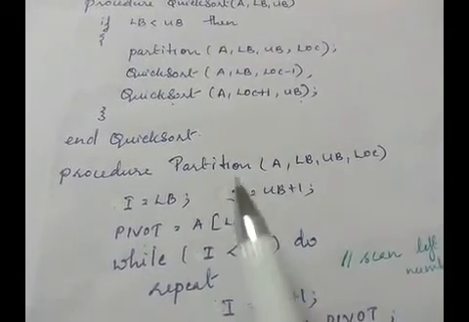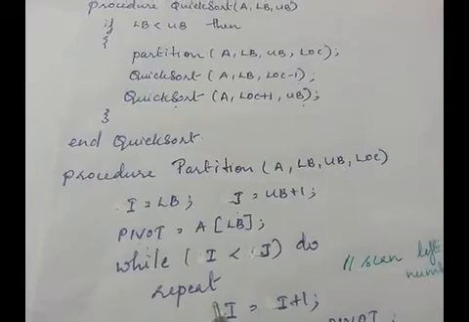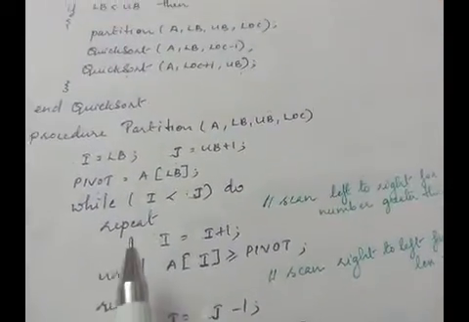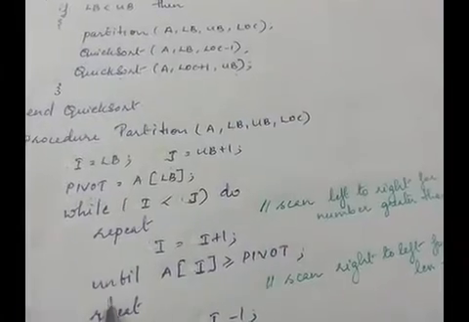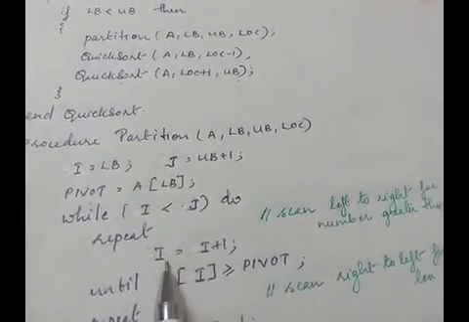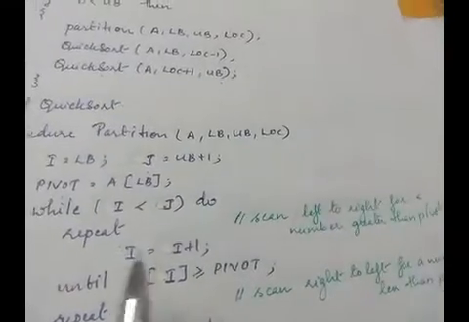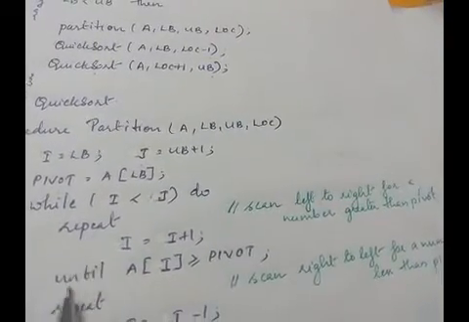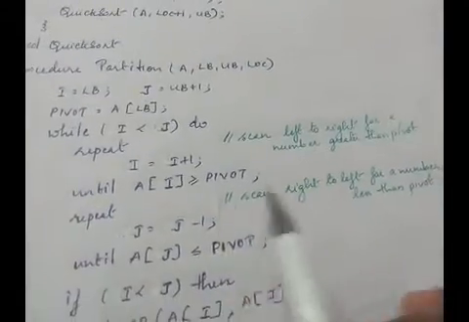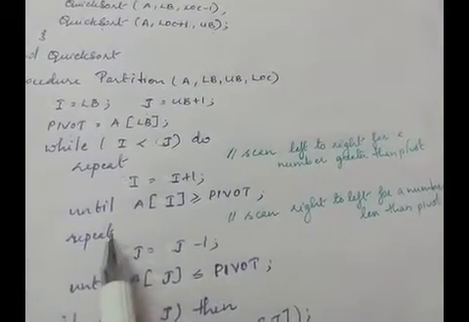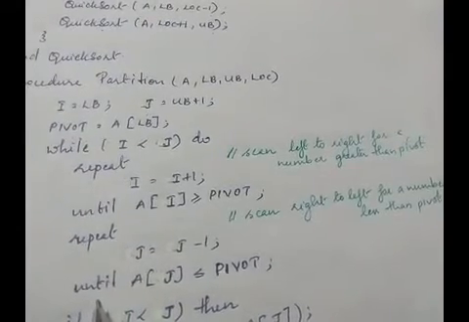First we initialize all these variables and then start scanning the array. Now the left to right scanning is done using this repeat until statement. We scan left to right using the variable I for a number which is greater than the pivot element. So that will be done using this repeat until statement, and the scanning from right to left for a number less than pivot will be done using this repeat until statement.